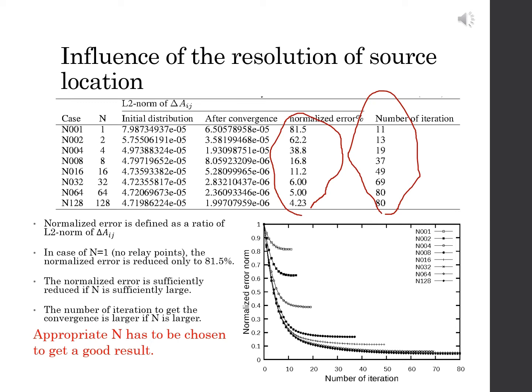It means that to get a good result, more computational resource is required because more iterative calculation is necessary. So by improving the algorithm, this situation should be overcome to use this technique for practical purposes.